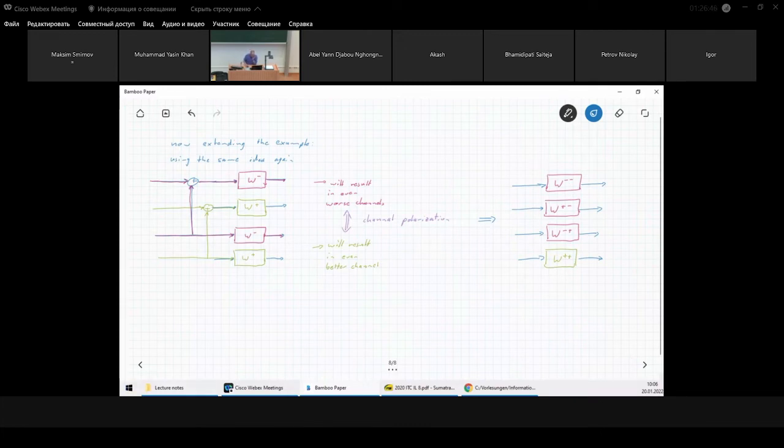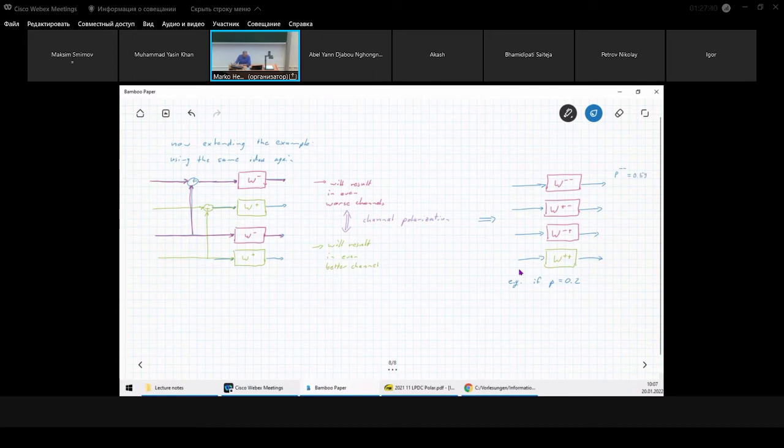So an example where P is 0.2. From the original physical channel, we get here P minus minus, so for the worst case, 0.5.